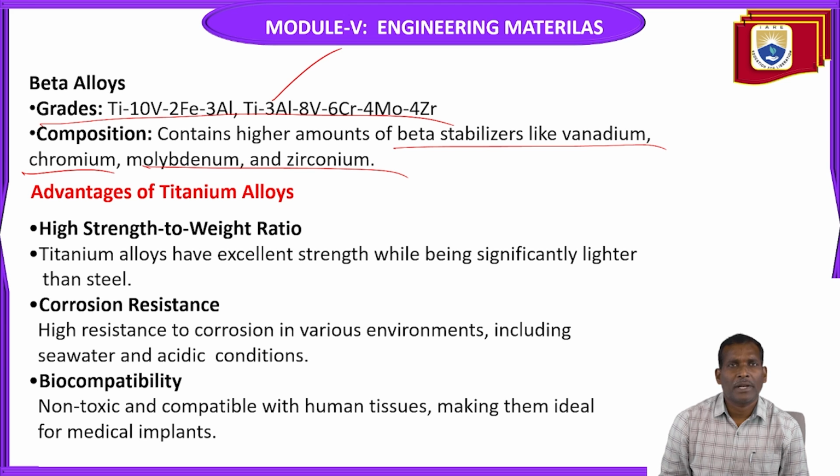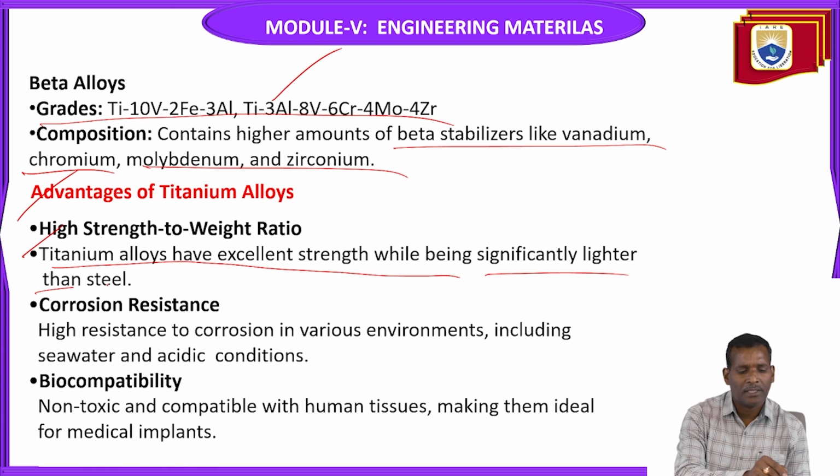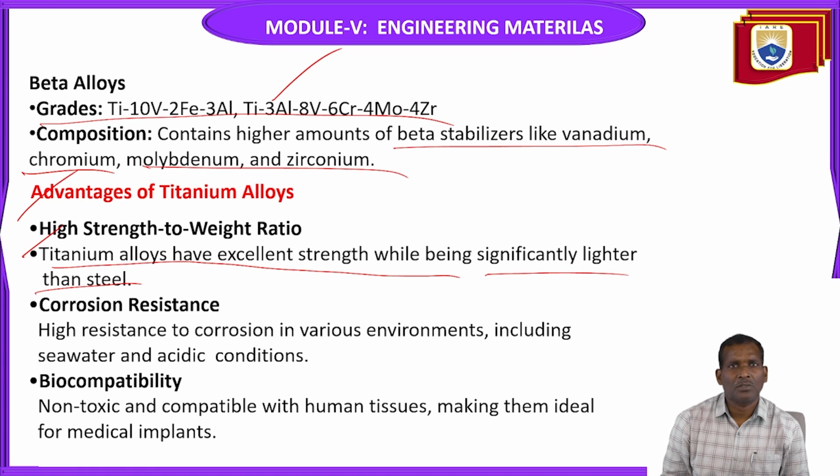So advantages of titanium alloys: one is high strength to weight ratio. Titanium alloys have excellent strength while being significantly lighter than steel. And corrosion resistance: high resistance to corrosion in various environments, including seawater and acidic conditions.